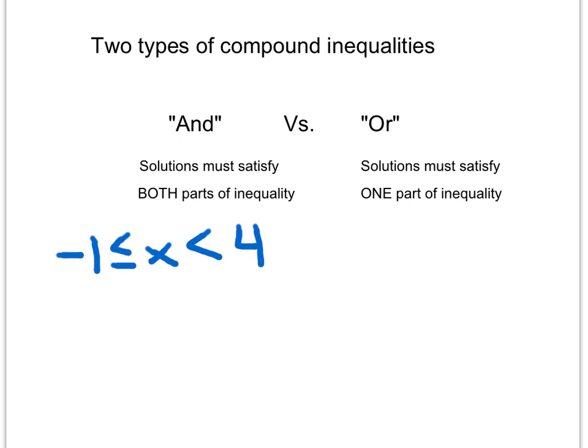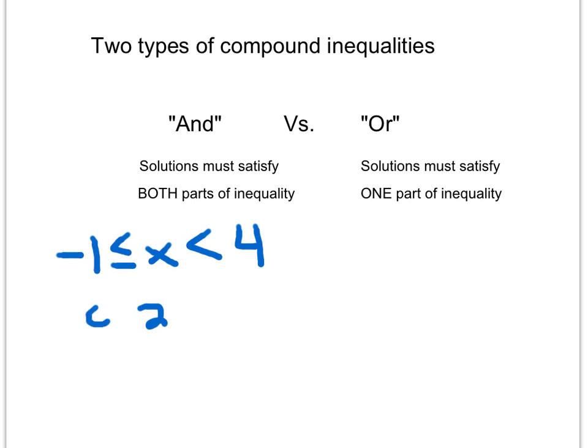Answers to this must satisfy both parts. So the number has to be in here. It's got to be bigger than or equal to -1, because -1 has to be less than or equal to it, and it's got to be less than 4. So an example would be 2.